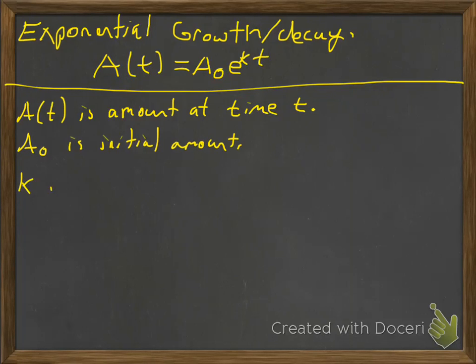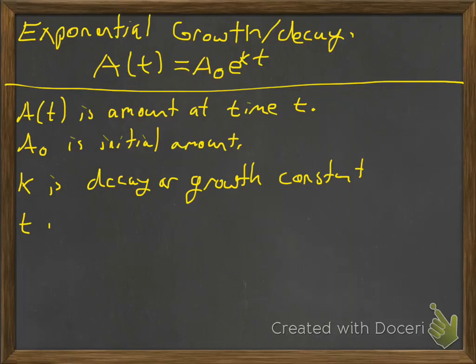K is a growth or decay constant. If it's negative, it's going to be decay. If it's positive, it's going to be growth. And the time has more flexibility than it does in the continuously compounded examples.